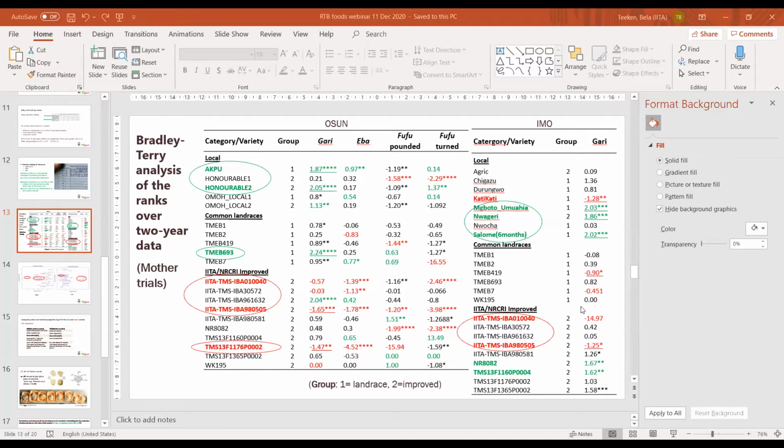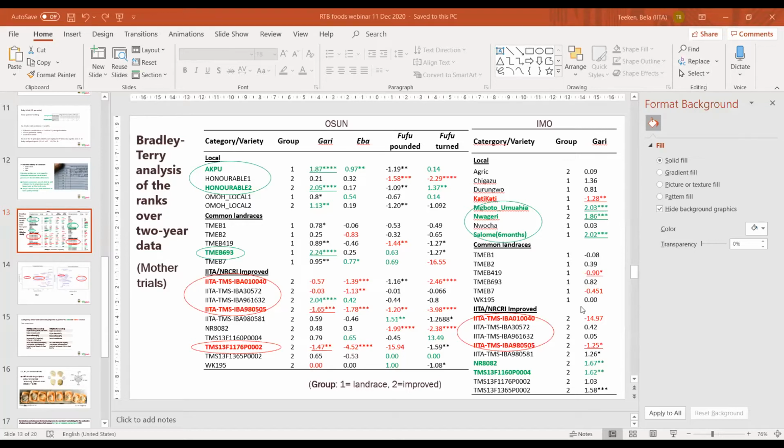But what we saw, for example, in relation to the two different cultures of fermentation, is that yield related parameters, such as Gari yield, dry matter content, and yield, were negatively related to the product quality. So the higher the yield of the varieties was, the lower the product quality was in a strongly fermented situation.